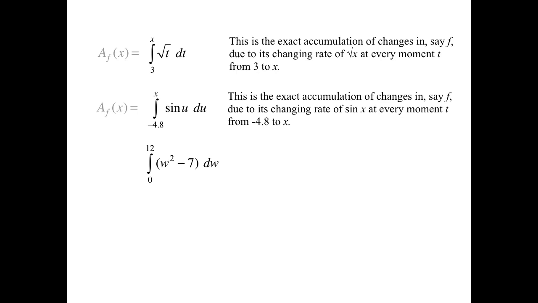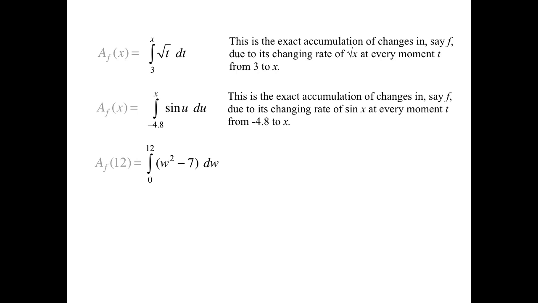Yeah. So we could say that it's like the exact accumulation, like this function, from 0 to 12. So 12 then is taking on what? That's like the maximum. Yeah. So 12 is like our input value of a function, right?